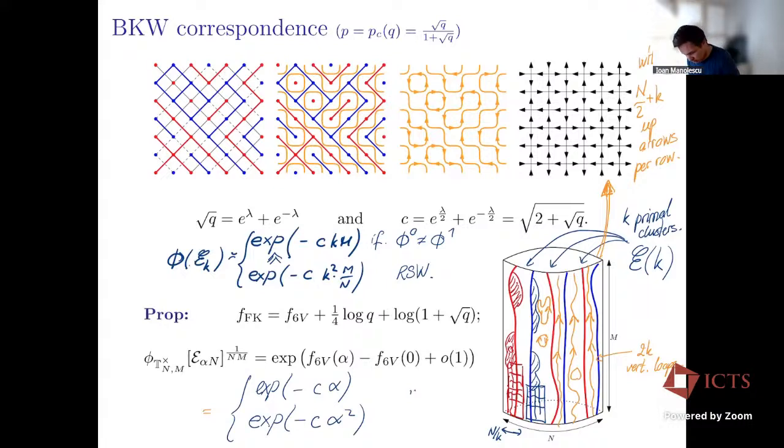So this is RSW, and this is if phi 0 is different from phi 1. So the question is, is this difference here of order alpha or alpha squared?